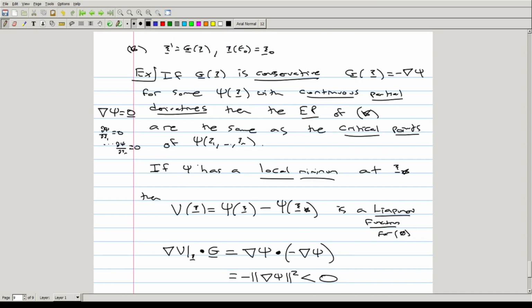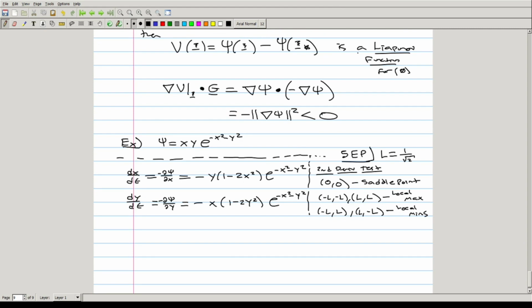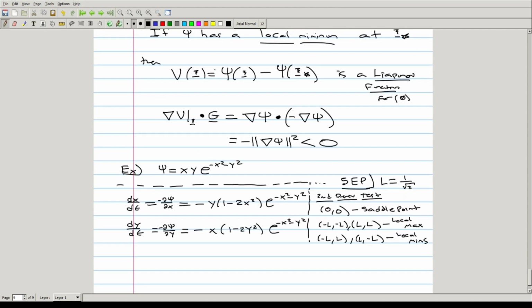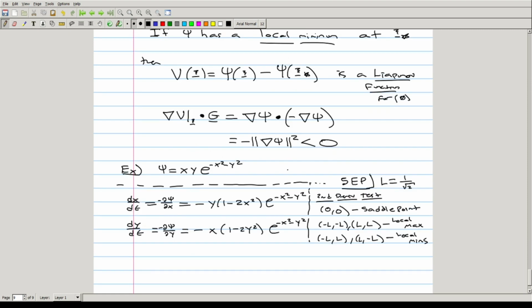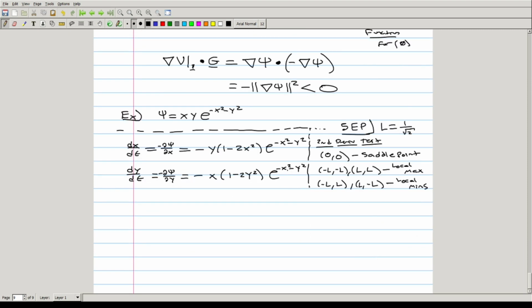So by this example right here in our Lyapunov stability theorem, the function psi of x, y minus psi at the critical point is a Lyapunov function. It's actually a strict Lyapunov function for these 2 points right here. And so these 2 points, the 2 local mins, are going to be asymptotically stable.